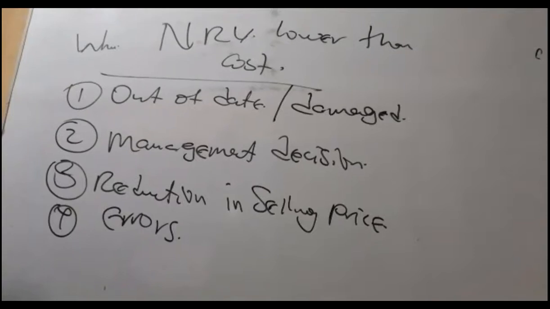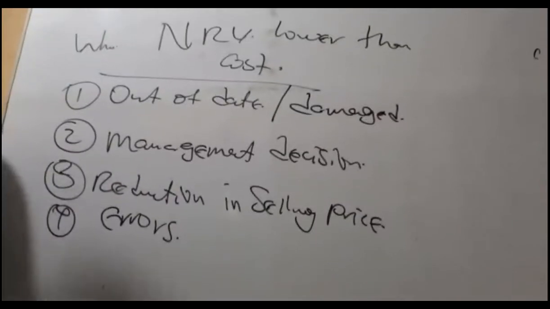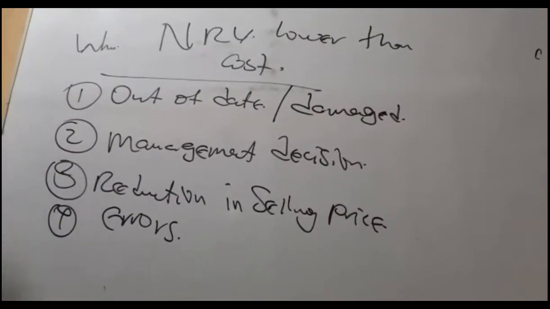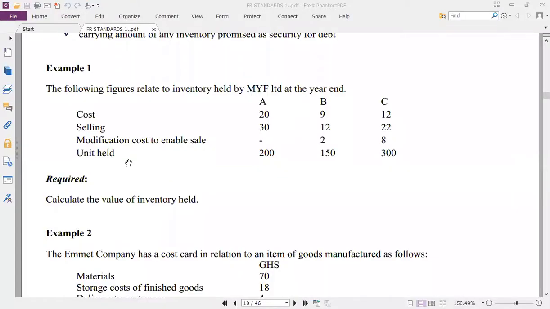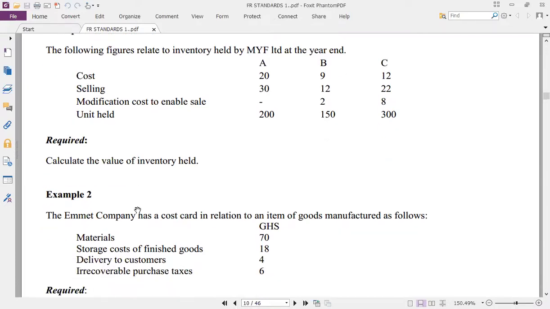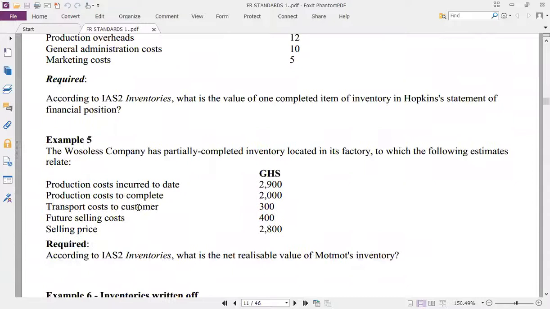Now, I'll give a trial work, and next time when we meet, we are doing the question solving stage. That's the last stage. Please be part of that stage, and then you'll be fine. There's a question here. When you get the handout, go through this. Example 1 will be yours, and then example 5 is your trial.